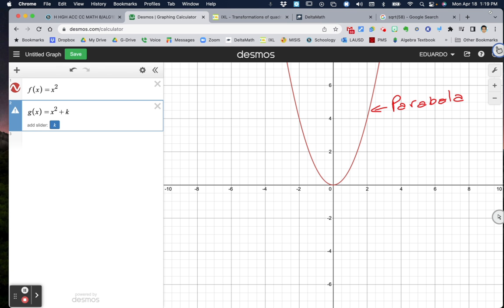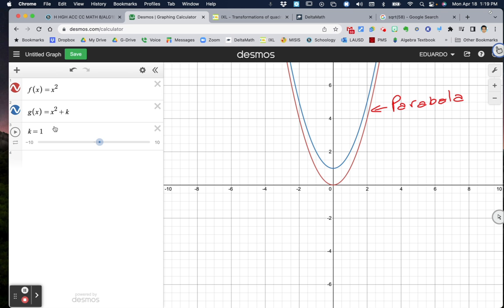And you'll see that little button below asking you, do you want to turn this into a slider? Yes, let's do that. Let's press on this, and we're going to turn this into a slider. But I want you to click on one of the numbers. Let's go from negative 10 to 10. So negative 10, 10.